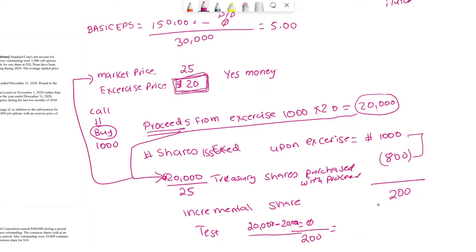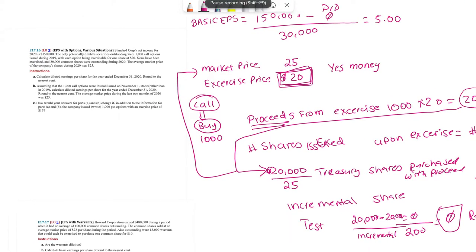The bottom number is the incremental shares. Since the top is 0, it will always be ranked first and included in the calculation first. When you have a call option, it will always be in the money, because otherwise you would not exercise it.